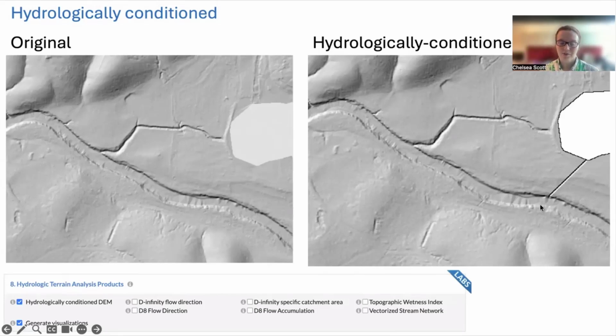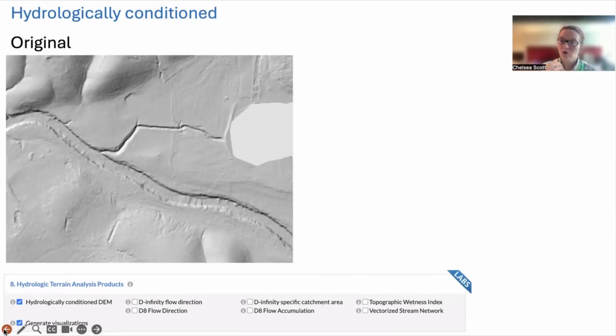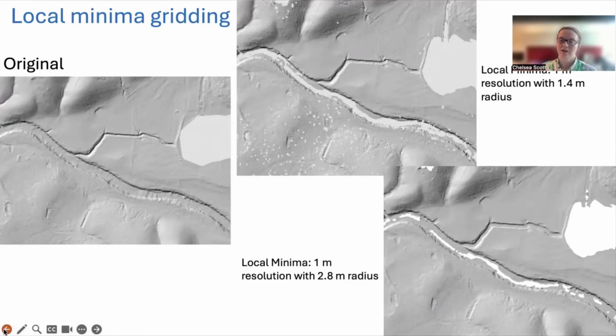So in summary here, this option of using the local minima is what got us our best results at decreasing these triangles from the TIN algorithm.